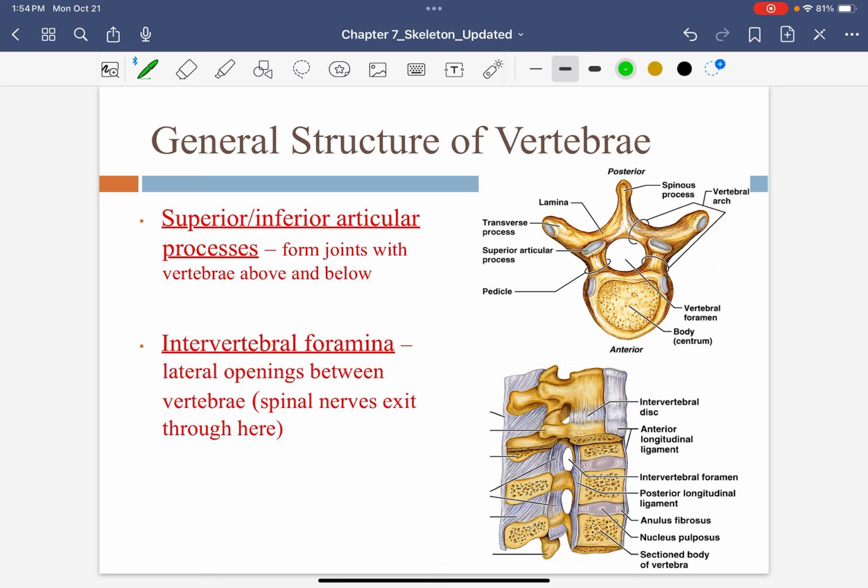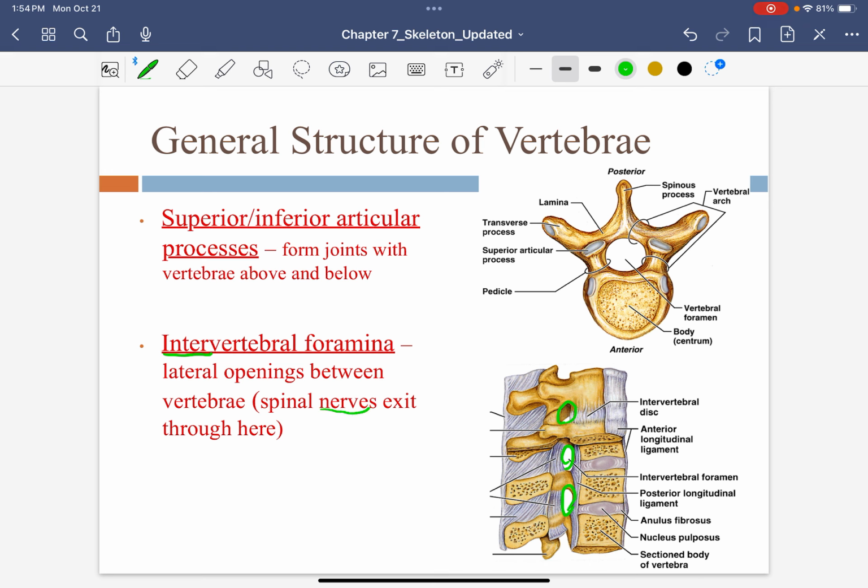Please review the intervertebral foramen, which is the opening formed on the side. Once we see the vertebrae stacked together, there are openings on the side called intervertebral foramen or foramina. This is where spinal nerves come out.